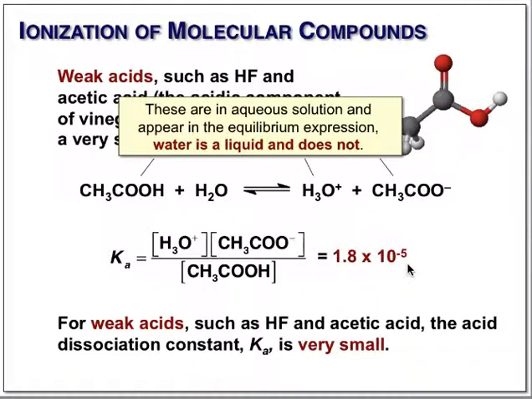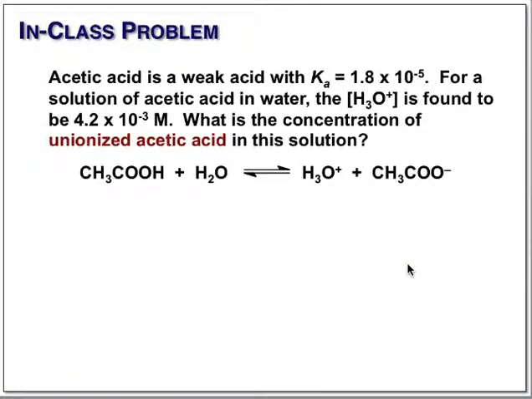Now let's take this and apply it to a problem. Here's our value for Ka for acetic acid. I have acetic acid in water, and I measure and find my hydronium ion concentration to be 4.2 times 10 to the minus 3. What is the concentration of my unionized acetic acid?